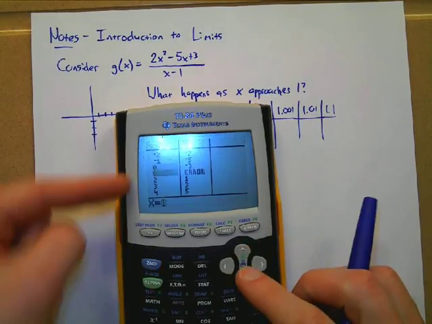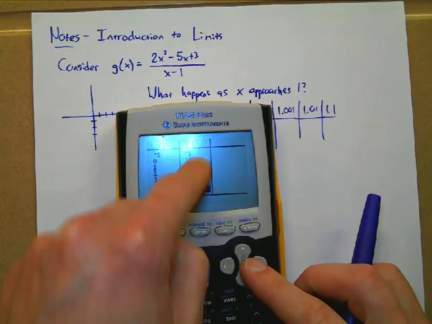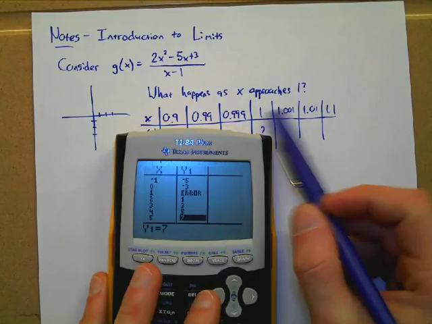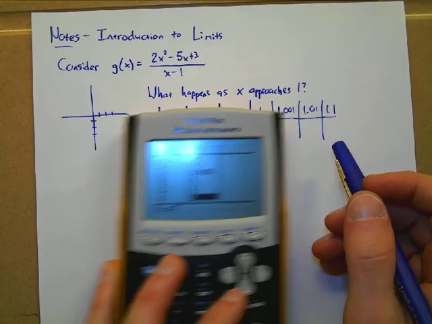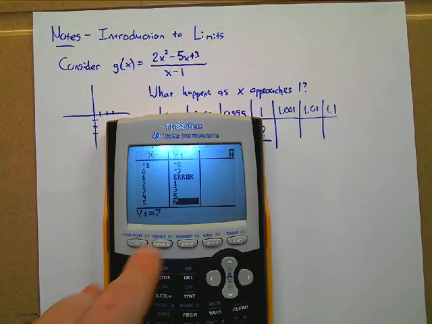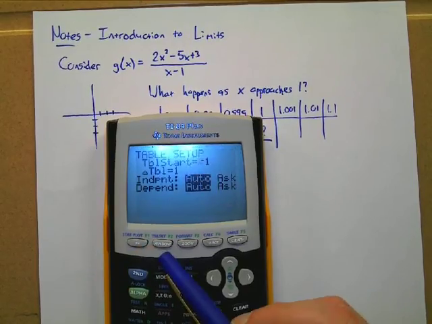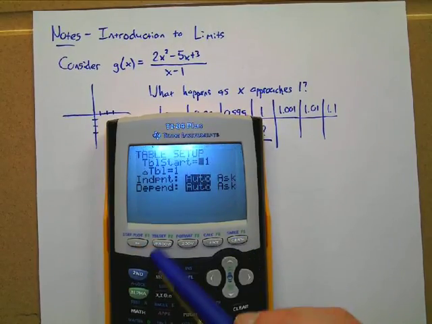But of course, we're not counting by 1s here. We're counting by different decimals. I don't know if you've seen this before, but I'll show it to you now. You can change the way your table sets itself up by pressing second window. Just like you press the window button to change how the coordinate plane is set up, you press second window and you can change how the table is set up. I don't really care so much about where the table starts, or the delta table, that is the change.